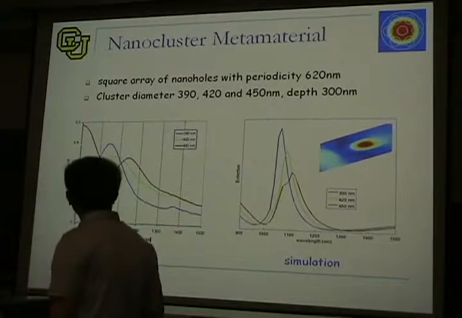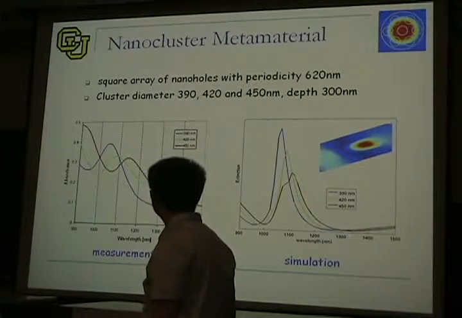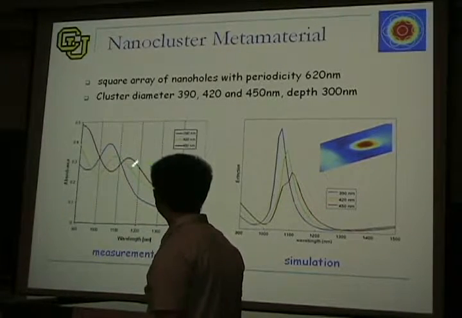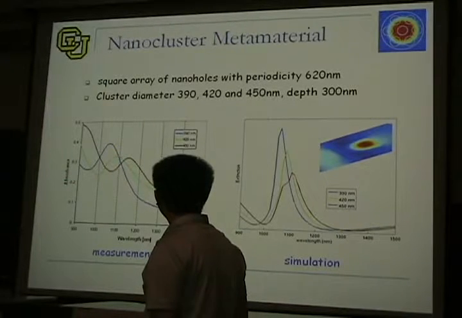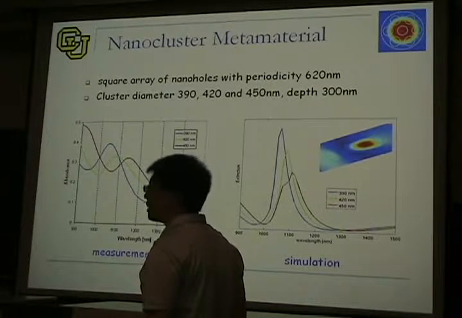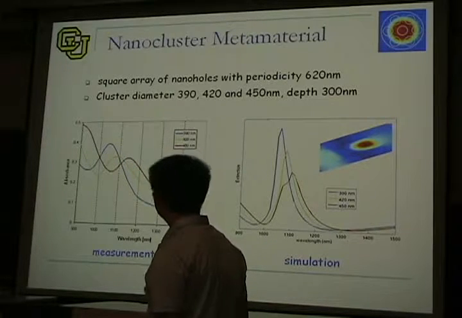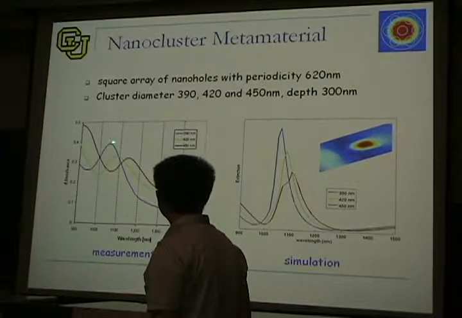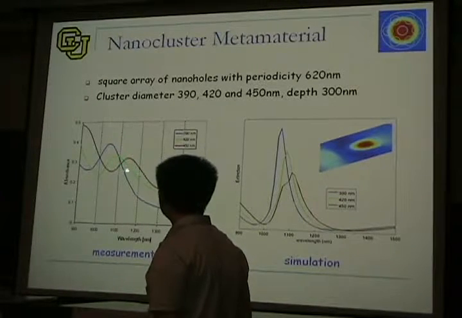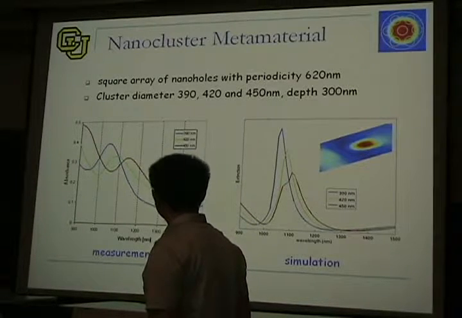Here is one example of the comparison between our experimental measurement and the calculation. Here is the measured absorption spectrum for the same pattern periodicity but different cluster diameters. The blue is the smallest one, and you can see the absorption peak shifts to longer wavelengths as you increase the size of the cluster.